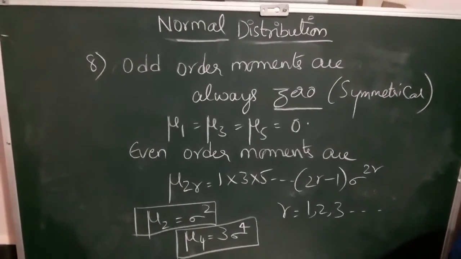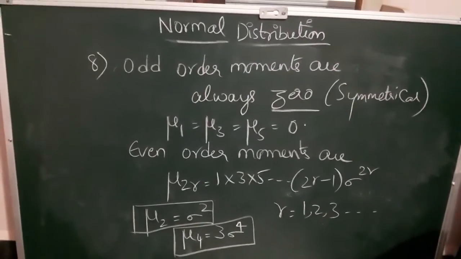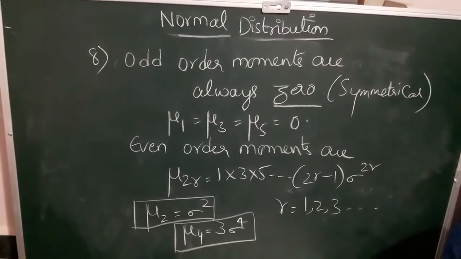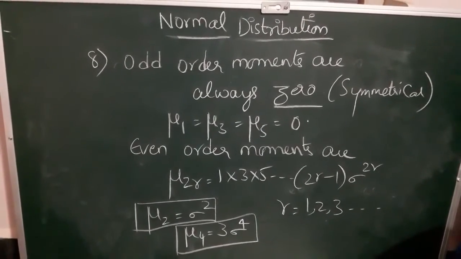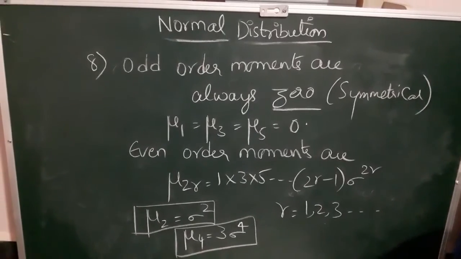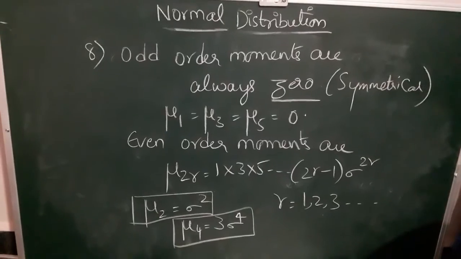Do you remember in the first year, measures of central moments, mu1, mu2, mu3, mu4, right? The central moment from its mean, mu1, is always 0.